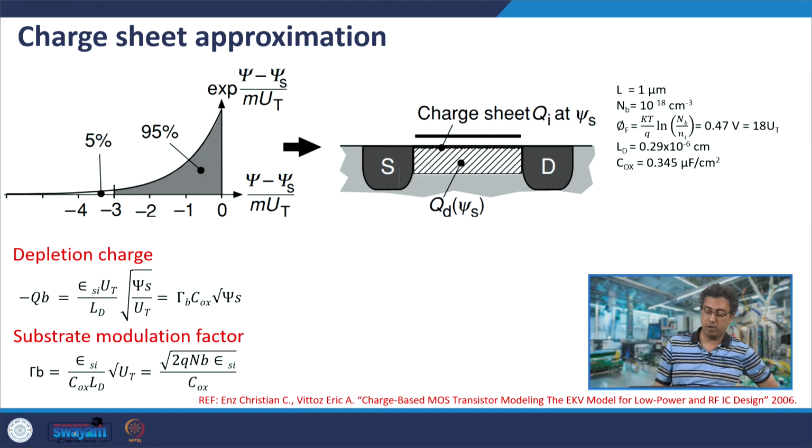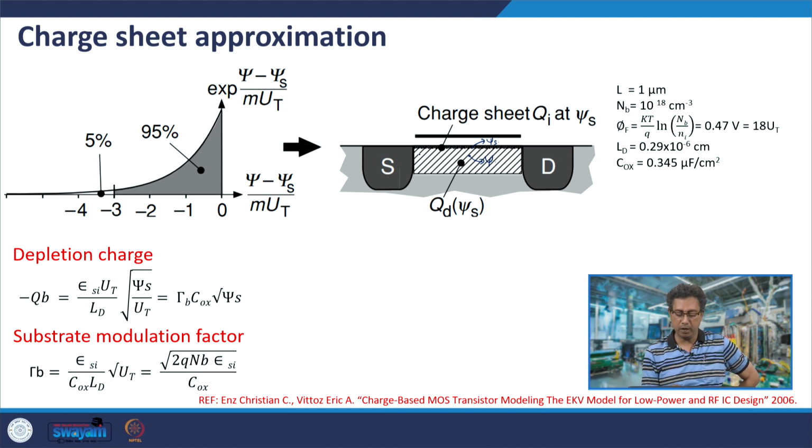Now, let us look more closely at the charge sheet approximation. So, this is chi s, the potential chi s, and here you have some potential chi. If the drain voltage is 0, you have quasi equilibrium.